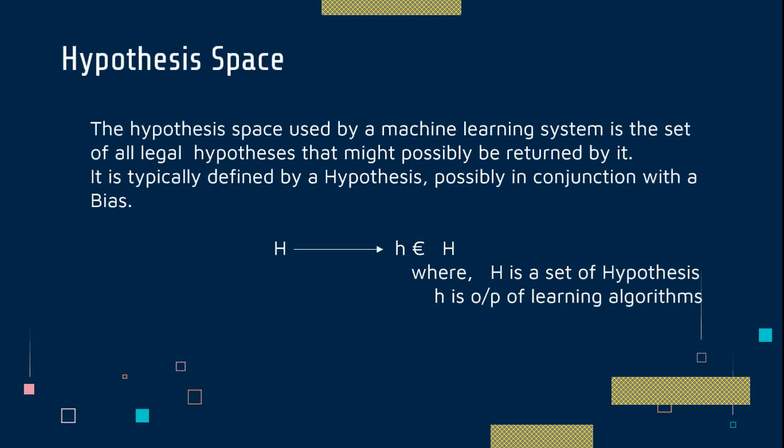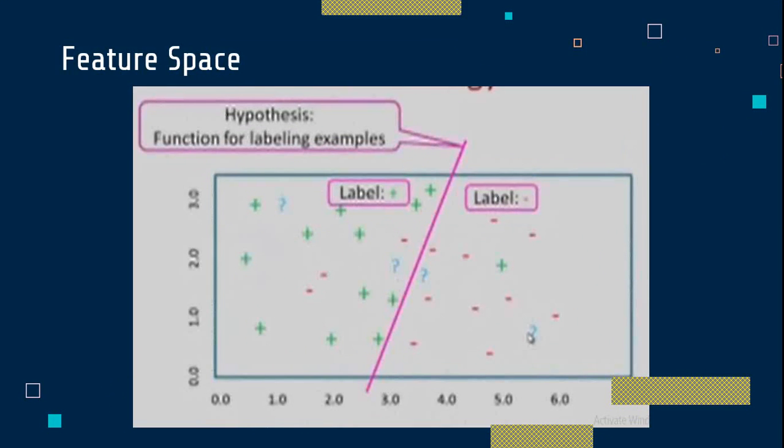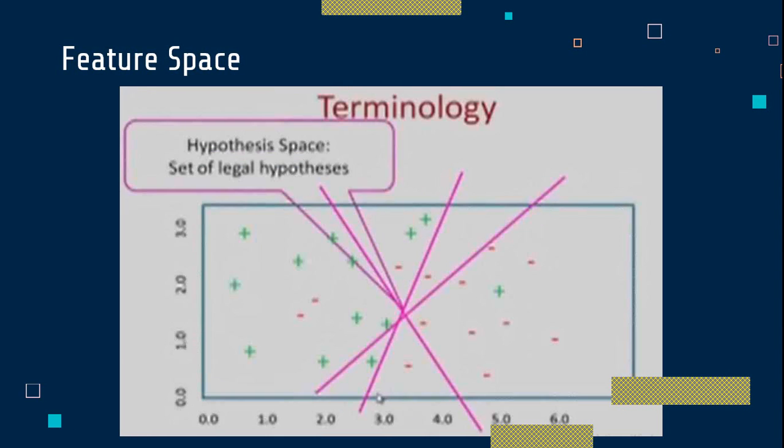The hypothesis space is, see, this line I already drew in the previous slide. So this line is called a hypothesis line, or you can say a function. This space is called a hypothesis space. You can take different hypotheses, so there is H1, H2, and H3. I am taking the 3 hypotheses here, and somewhere there is a common point.